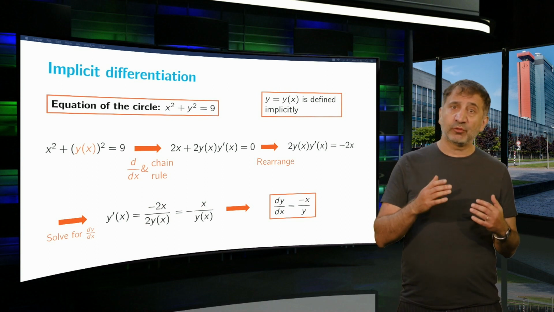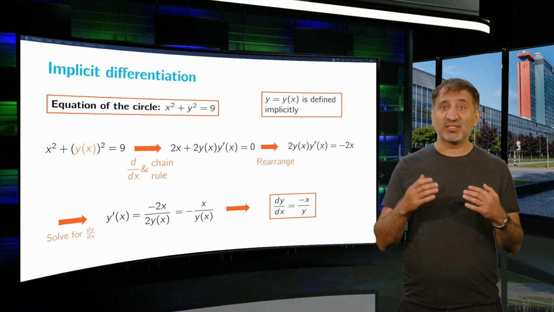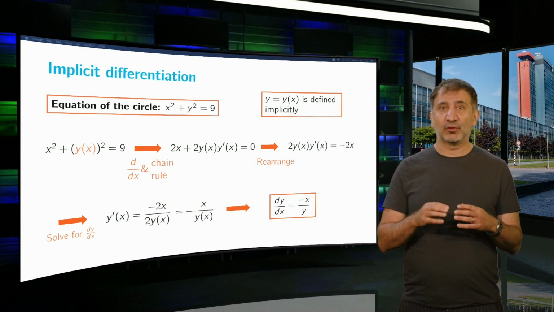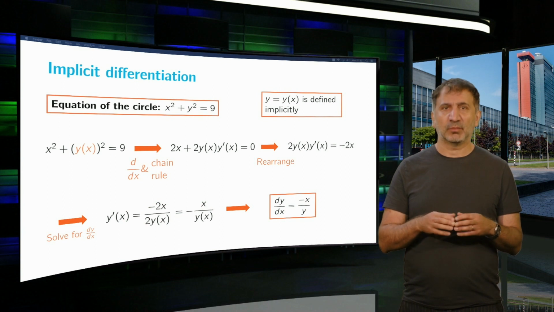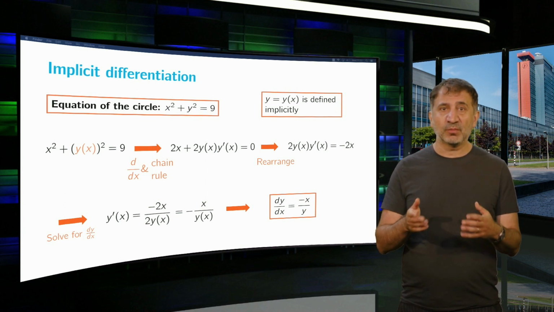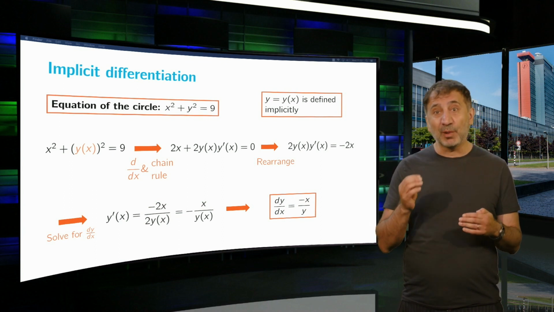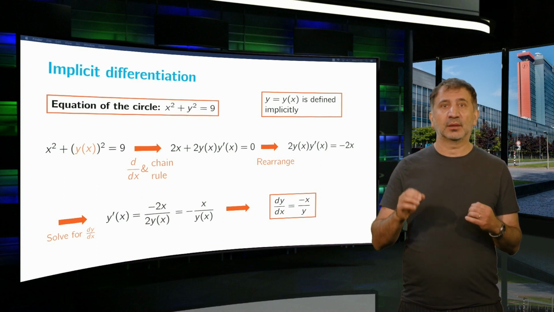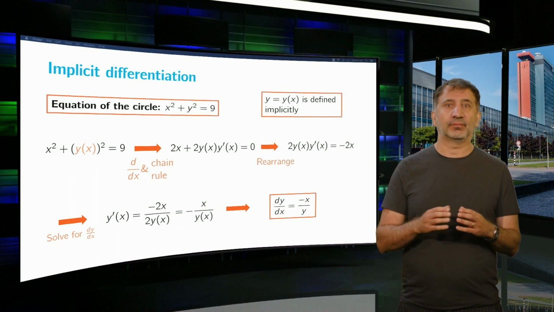So we have a single formula for the derivative which is valid for all points on the circle, without having a formula for the function itself. But we also paid a price for it. The formula for dy dx contains both x and y. This technique is called the technique of implicit differentiation.